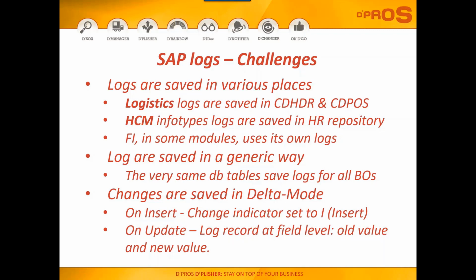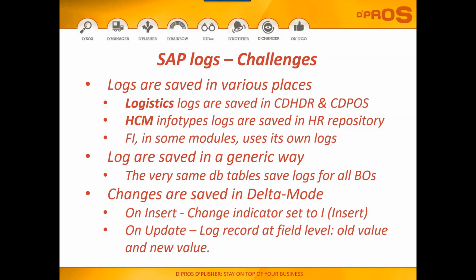The third challenge is the fact that SAP is saving the logs in a delta model. When I say delta, I mean that at the very beginning, when a new entity is created, SAP will leave one record in the system stating, using the change indicator, that a new record was inserted. That's the only evidence for the new record creation.